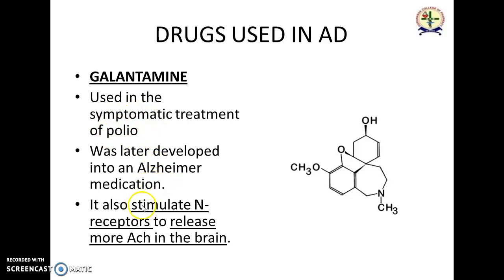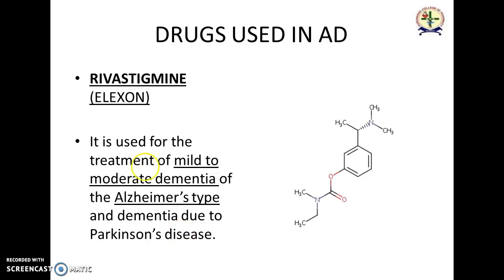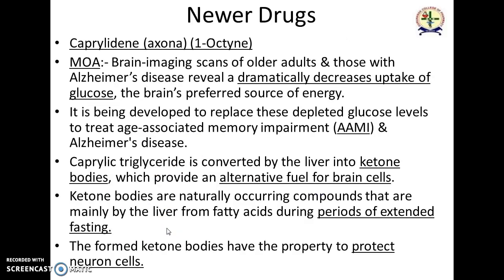Another advantage, it also stimulates nicotinic receptors to release more acetylcholine in the brain. Third example is rivastigmine. This is the structure of rivastigmine. It is used in the treatment of mild to moderate dementia and also dementia due to Parkinson's disease.